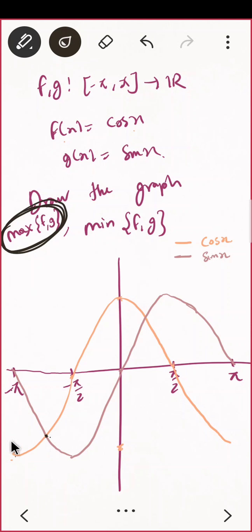Tell me. Maximum with respect to the y-axis you can consider. So here it is minus 1 and here it is something else. So which one is maximum from this to this? Is it the sine graph or the cos graph?